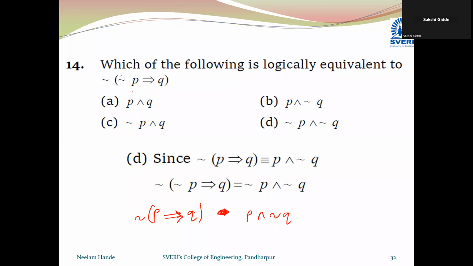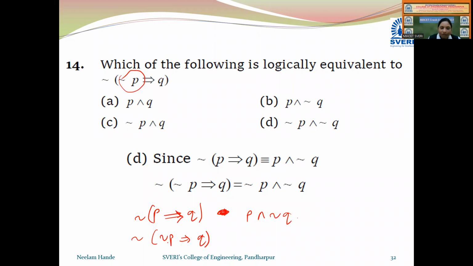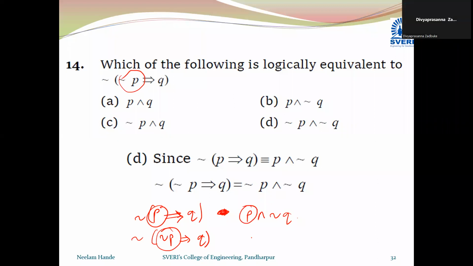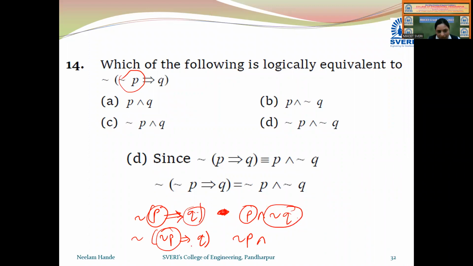So now what we are doing is we are replacing our P by negation P. Okay, so how will it be? Negation of negation P. First statement as it is, so negation P, and second statement we are negating, negation Q. So negation P and negation Q. Is the correct answer D?